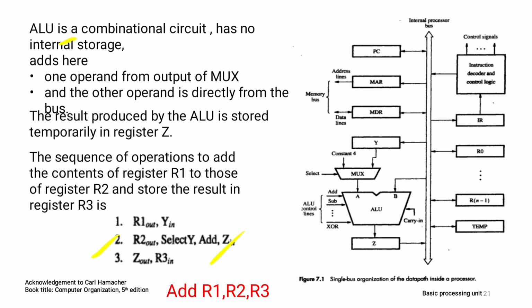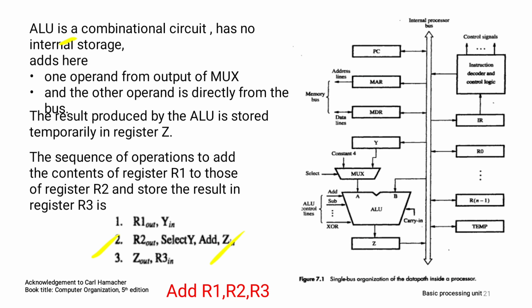Now we shall explain the steps involved in giving these control signals so as to execute the instruction add R1, R2, R3. So add is an addition instruction. We are discussing how an arithmetic or logical operation is performed inside a processor.